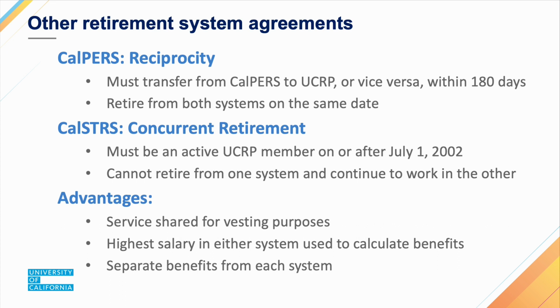While it's not something that UC would recognize, it's something that they may recognize when they calculate any eligibility or benefit payments from their system. It's no guarantee, but the worst thing that can happen is that they would say no. So if you've got other pension accruals in other systems, I definitely encourage you to reach out to them to see if there's any provision that you can qualify for to enhance or qualify for any benefits from them.